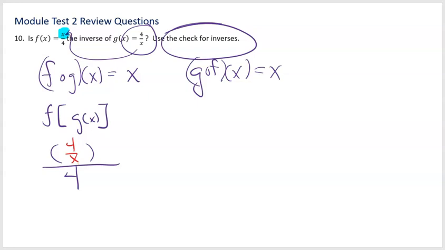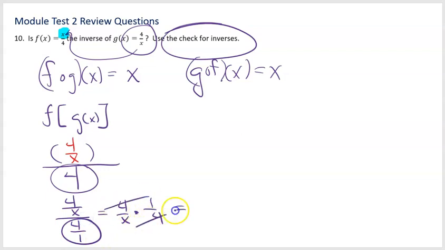Well, you say 4 over x divided by 4, written as a fraction 4 over 1, which gives you 4 over x times, we're supposed to flip this, 1/4. The 4's cancel, so it looks pretty promising, except you get 1 over x, which is not equal to x.